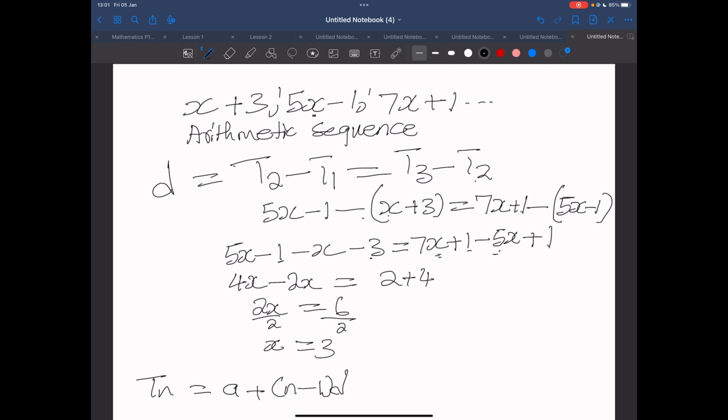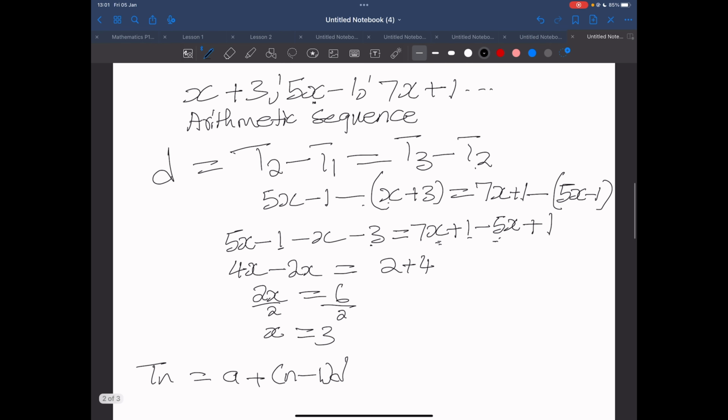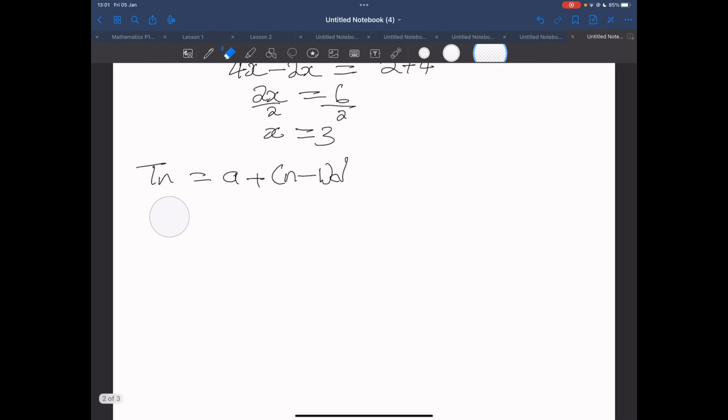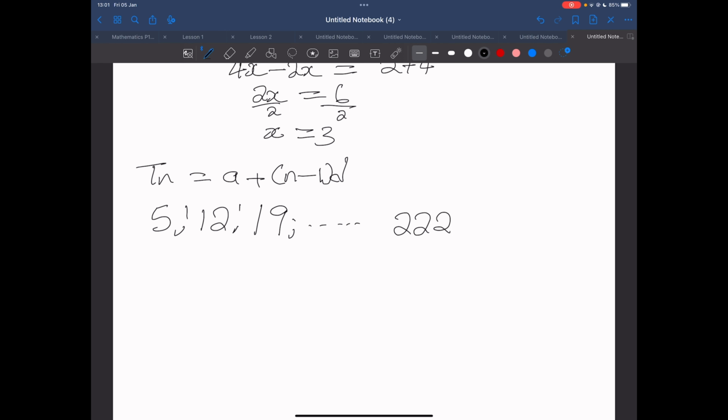Now, let's take, for example, a pattern. Say we have 5, 12, and 19, and there are so many terms there, and let's say that it ends at 222.